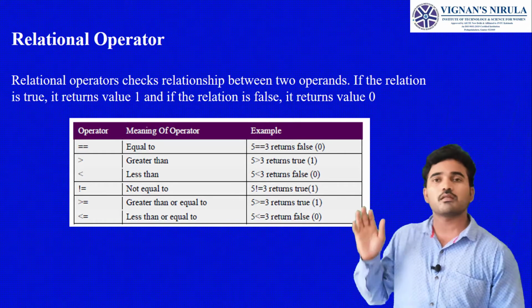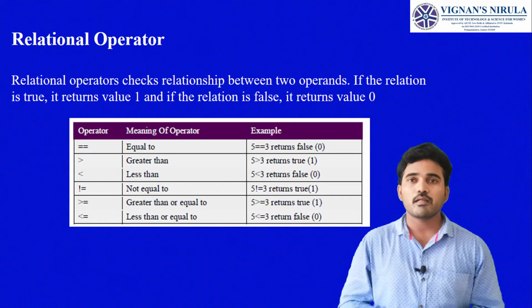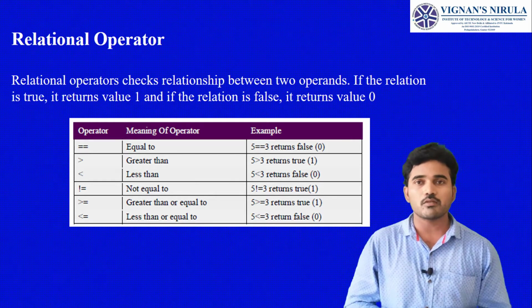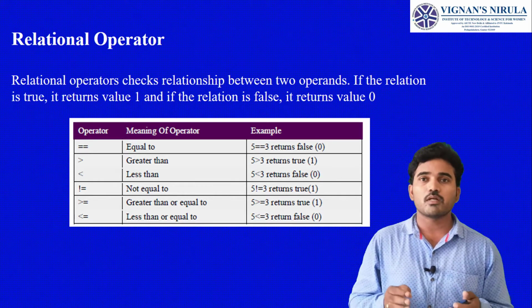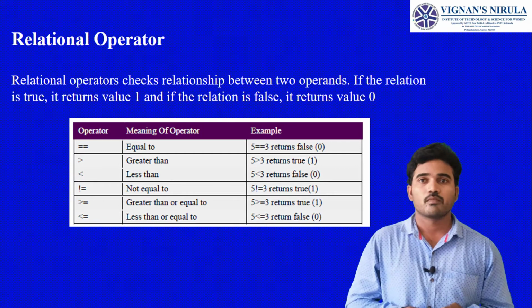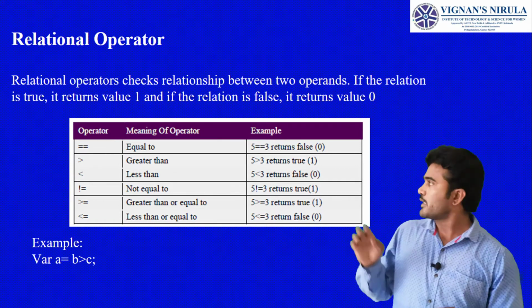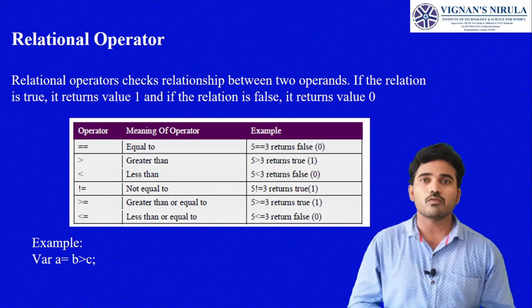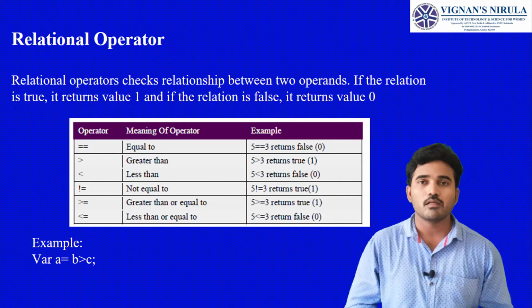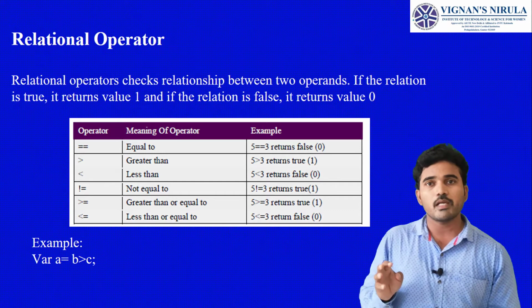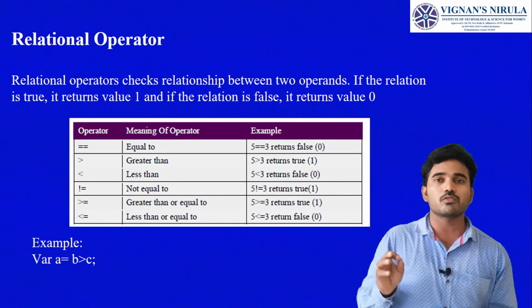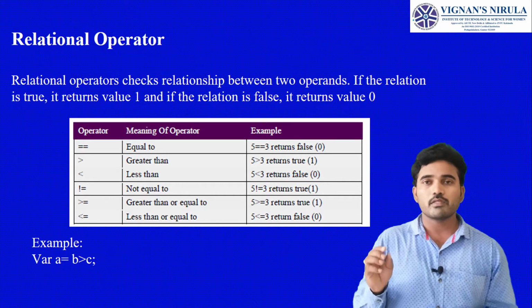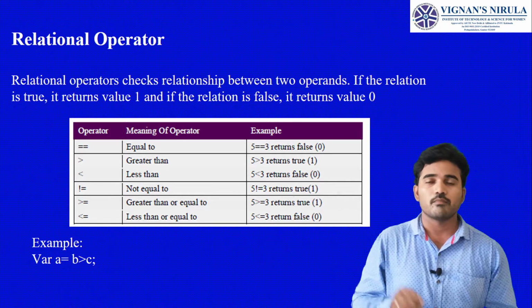Relational operators are less than, greater than, less than or equal to, greater than or equal to, double equals and not equals. Understood? Coming to the example, here you have written a = b > c. Here it is a relational expression where a relational operator, greater than, is used in between the operands b and c.